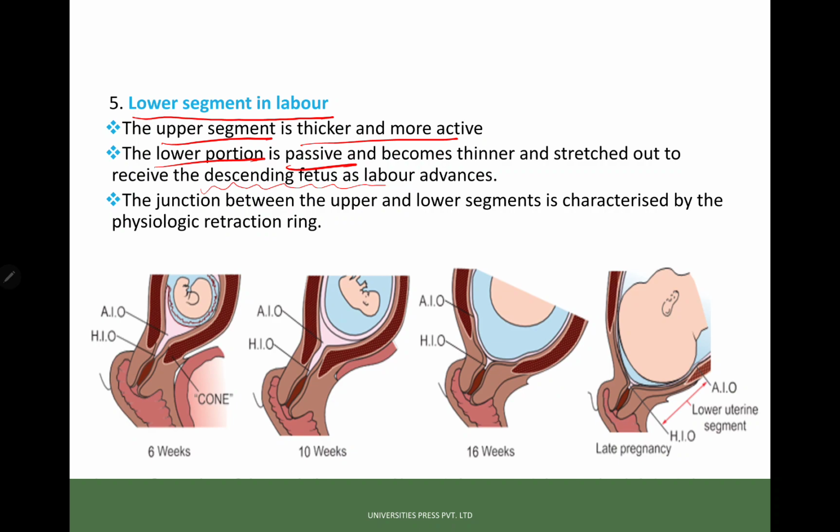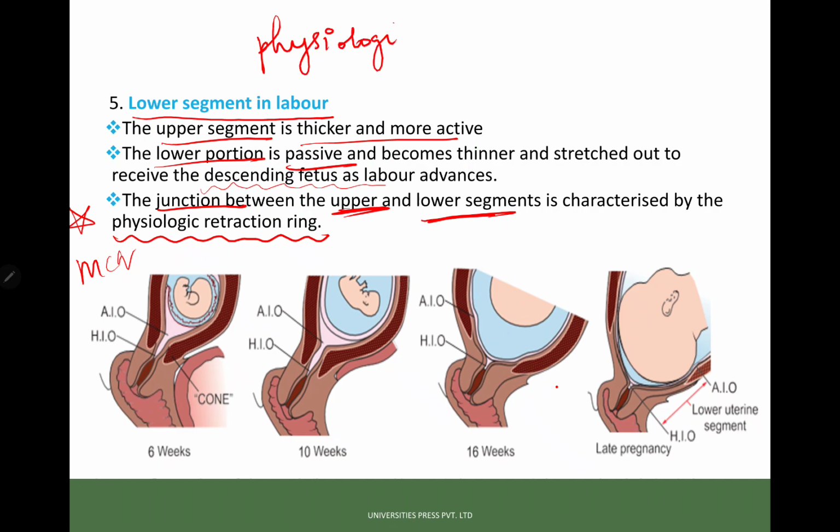So the junction between the upper and the lower segment is characterized by the physiological retraction ring. This is an important MCQ.